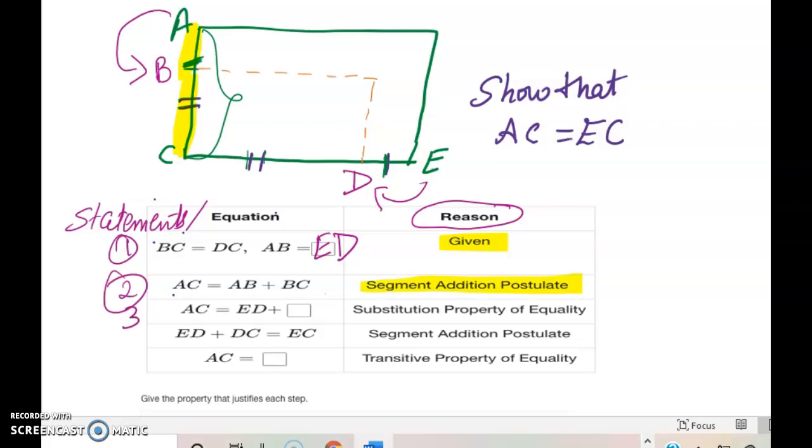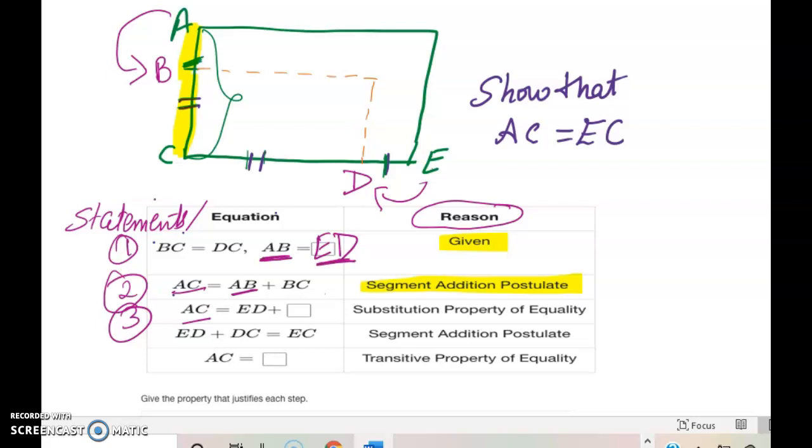Step 3. In step 3, I need to fill something to make it more substantial. The reason is substitution property of equality, right? That means they substituted something for another. They started with AC. Instead of AB, they wrote ED, because in the first statement we said that AB is equal to ED.